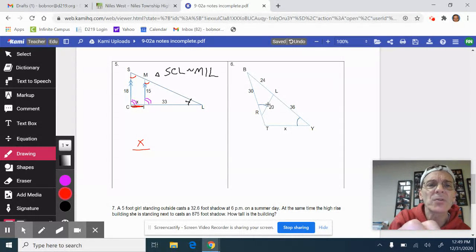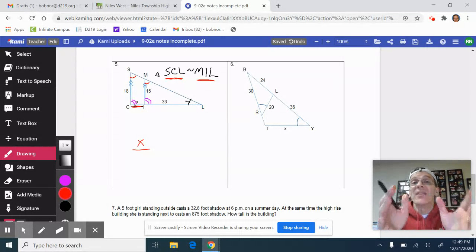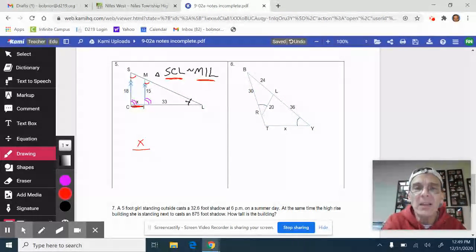I mean, look at this triangle name. There's no CI in there. I cannot use x by itself in this equation because x does not represent a full side of either of the triangles in this picture.